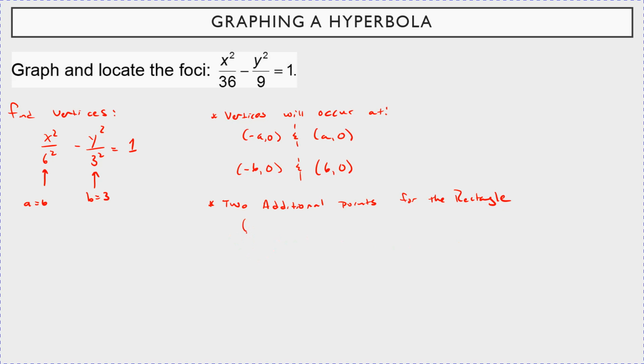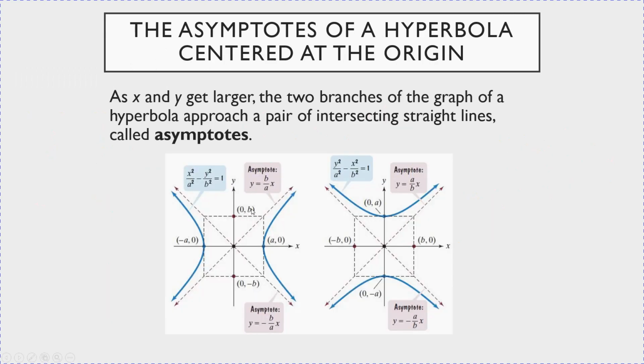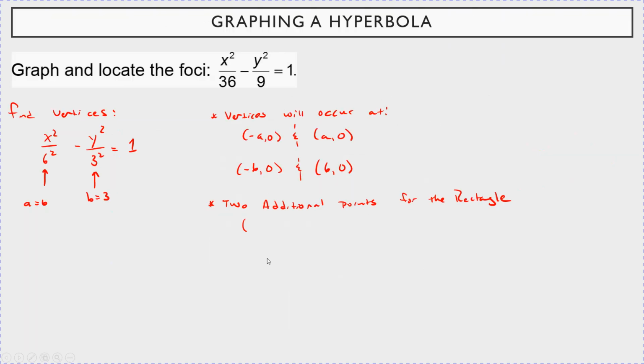That is 0 comma b and 0 comma negative b. So that's 0 comma negative 3 and 0 comma 3.